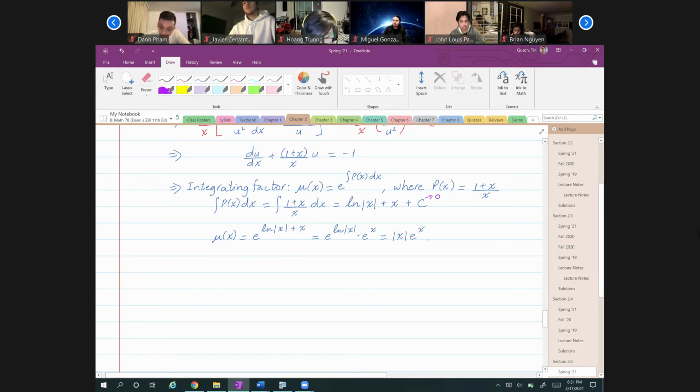But to get rid of the absolute value of x, you have a positive and a negative. So you have two options here. You could use mu equals the positive x e to the x, or mu equals negative x e to the x. We can just pick one.